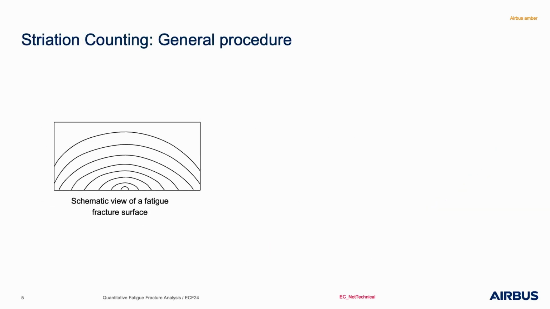Just to explain a little bit the general procedure, here is the schematic view of a fatigue fracture surface with the crack starting point and here these beach marks or whatever areas, whatever it should be in this case. We start here with defining a measurement direction, which starts at the crack starting point.